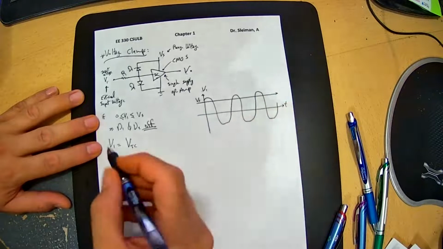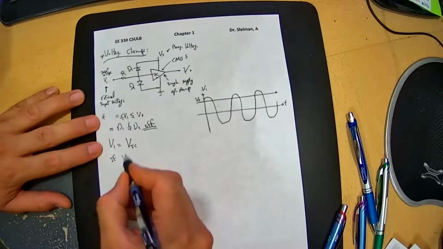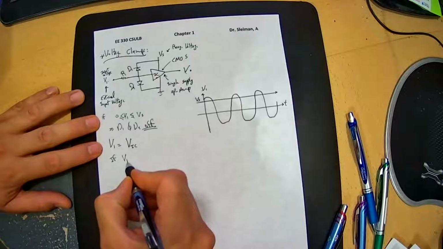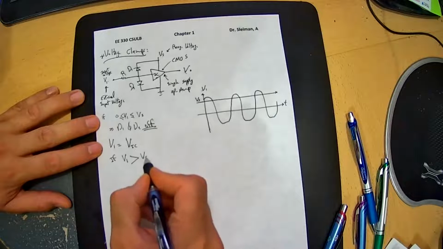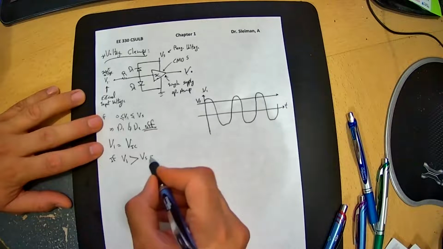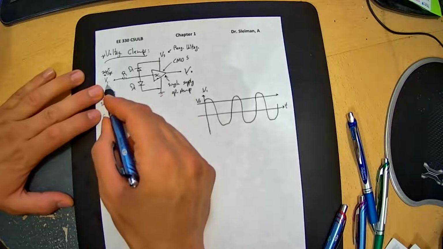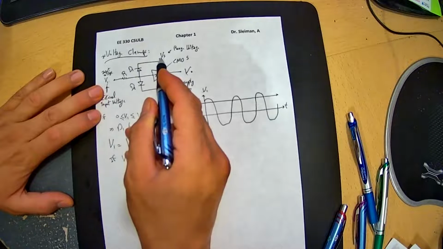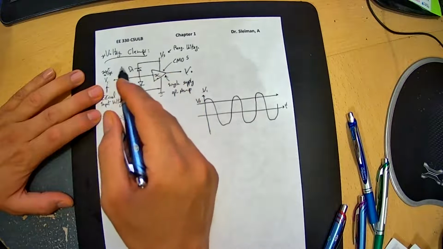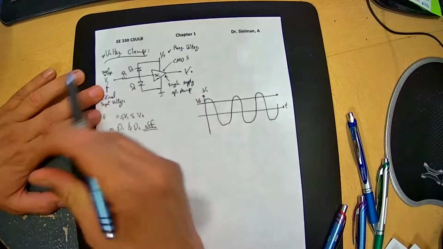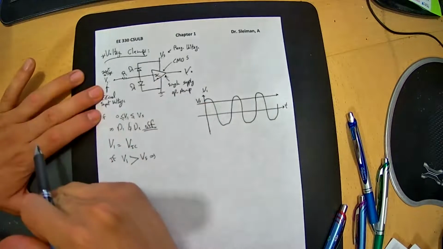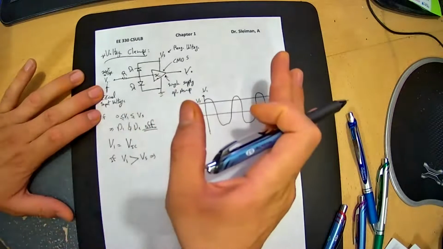So if V1 is greater than Vs, what happened? If V1 is greater than Vs, what happened? So remember, guys, more voltage, less voltage, the current will flow from more to less, right?